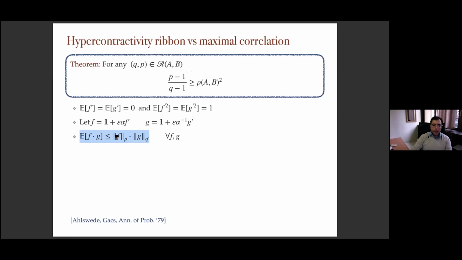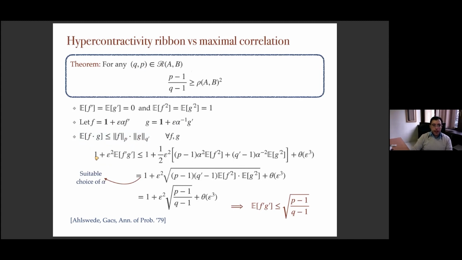And the same here, the norm of the one function would be 1. So that's why the leading terms, when I expand as functions of epsilon, would be 1. And the second term, which is epsilon times something, would be 0 because of this thing. That's a simple computation. I don't want to bore you with that. So the interesting term would be the coefficient of epsilon squared.